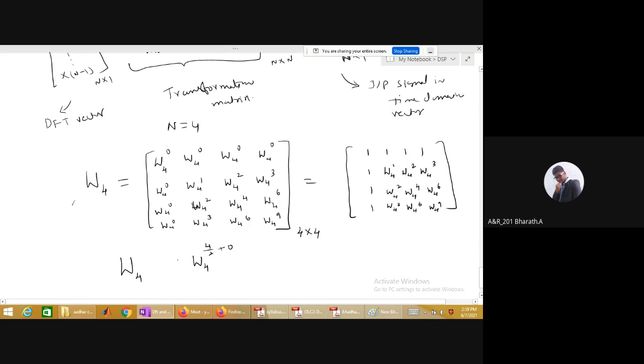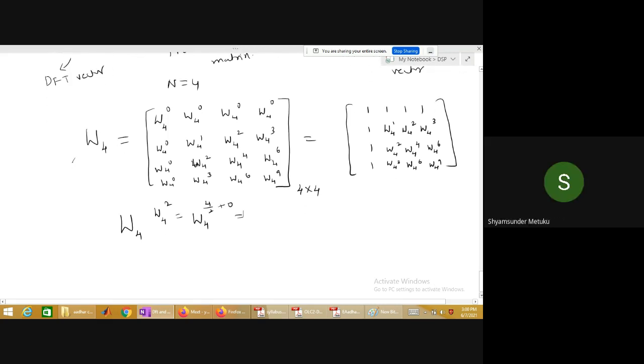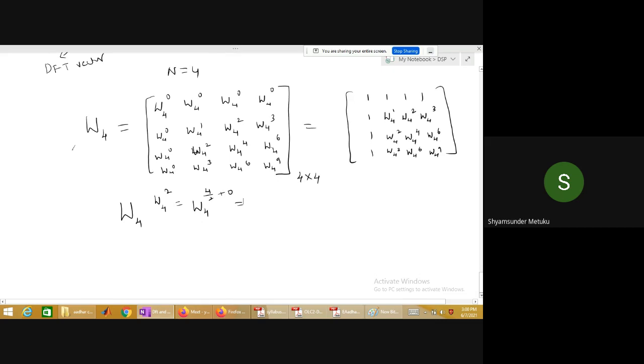Which property should I apply, symmetry or periodicity? Symmetry. So what is the equivalent value? It is minus W4 to the power 0, so it should be minus 1.